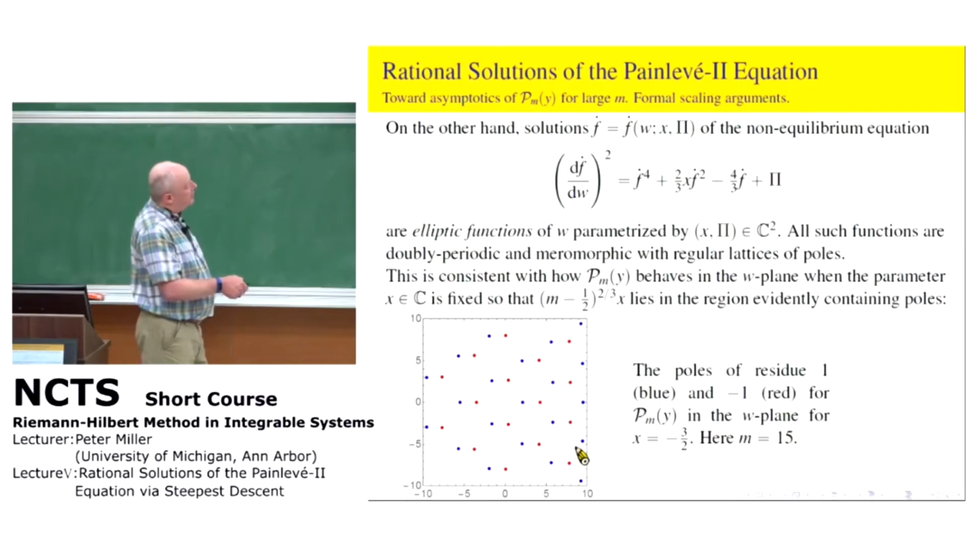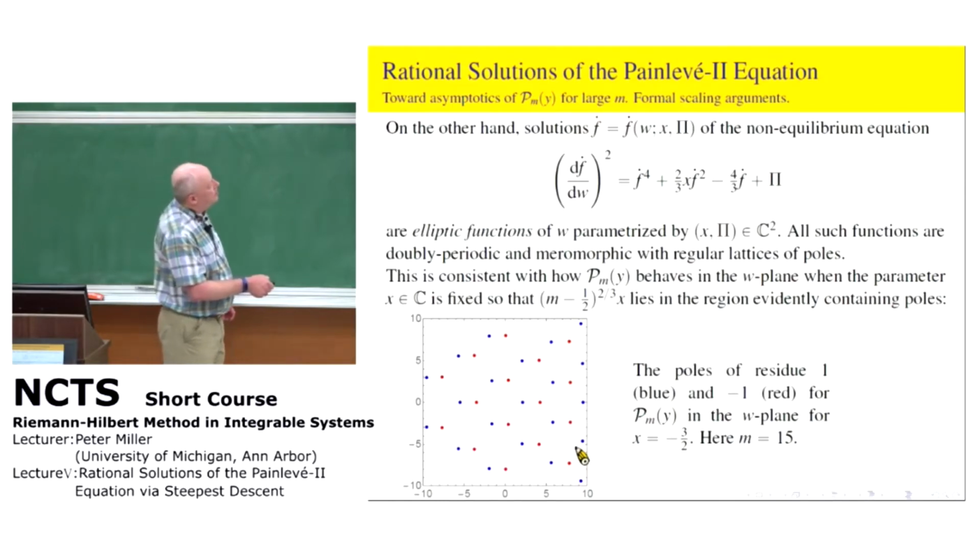And this turns out to be consistent with how the Pm function of y behaves in the w plane. We're now not using the y variable, but remember we've localized to some point based on this parameter x, and now we have a tiny neighborhood of that point, which is mapped out by this new independent variable w.